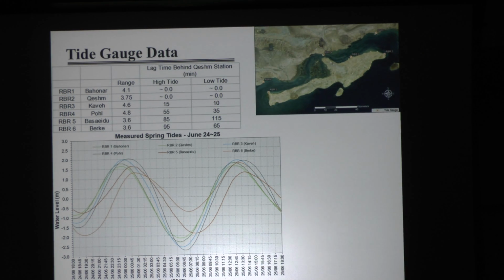This is mostly because of this mangrove area that can store water and release it after a while.